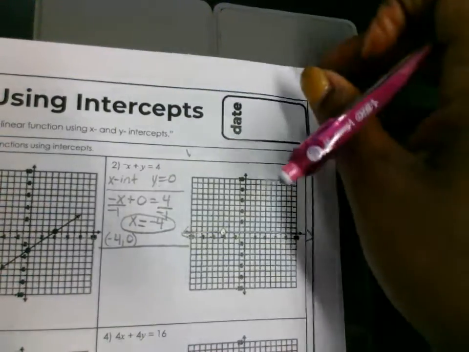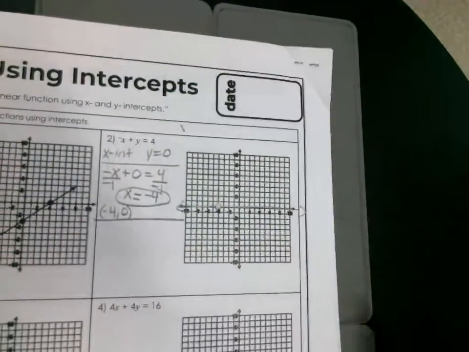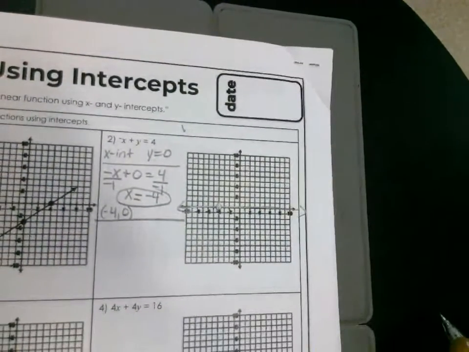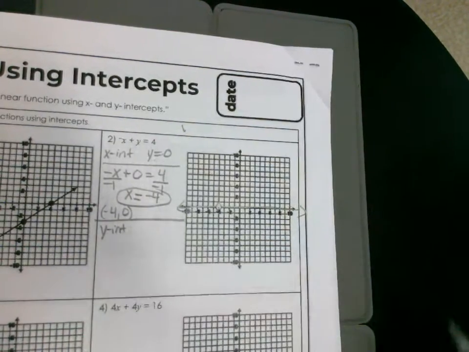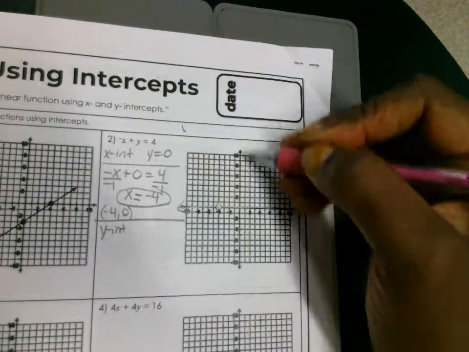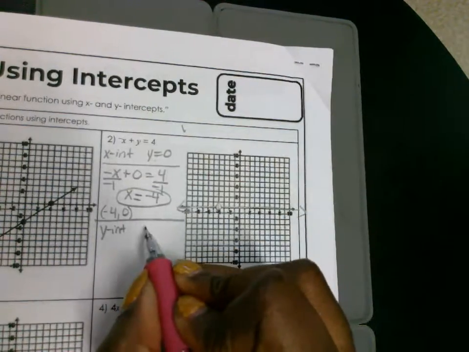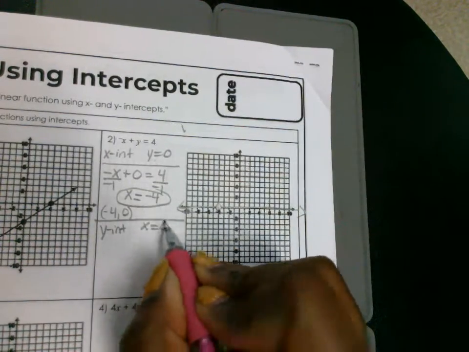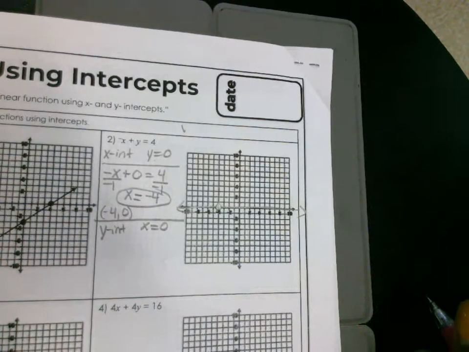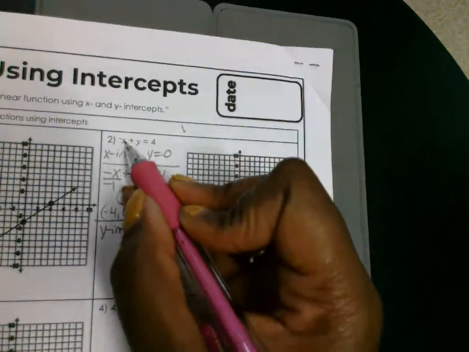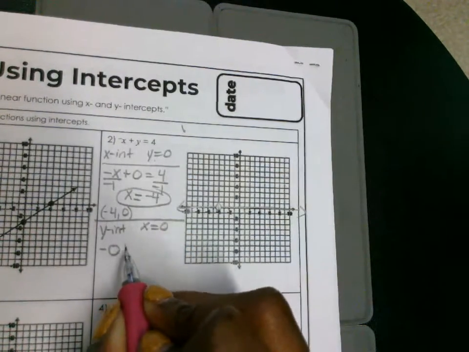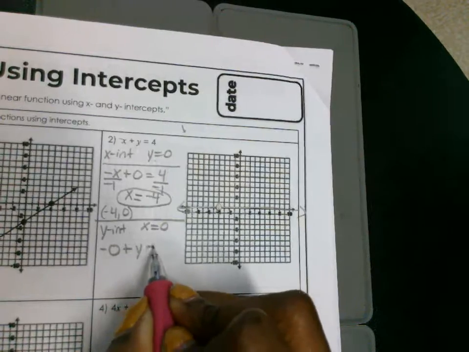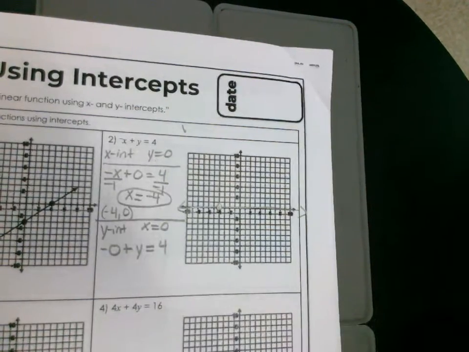Now we're finding our y-intercept. I'm going to abbreviate intercept. This is where the line crosses the y-axis this time. If it crosses the y-axis, x is equal to 0. So now we're going to plug in 0 for x. So we have negative 0 plus y is equal to 4.